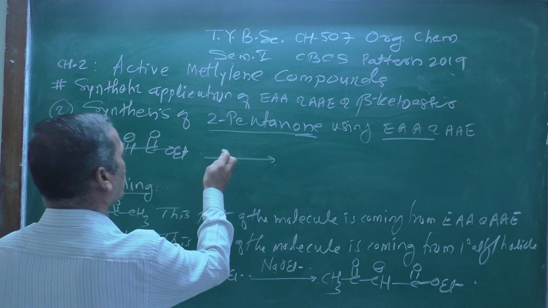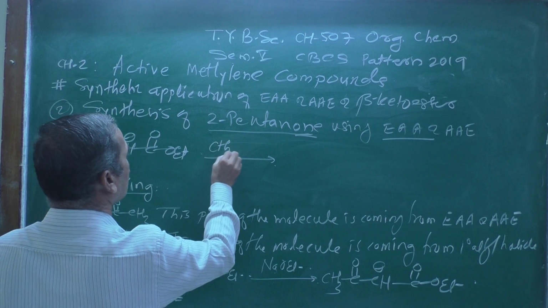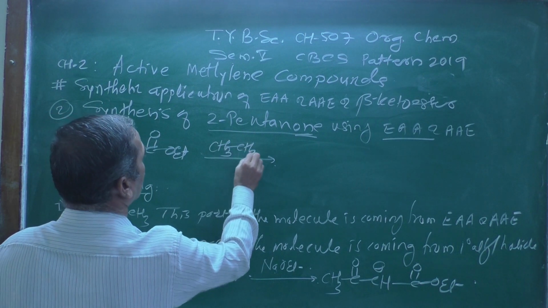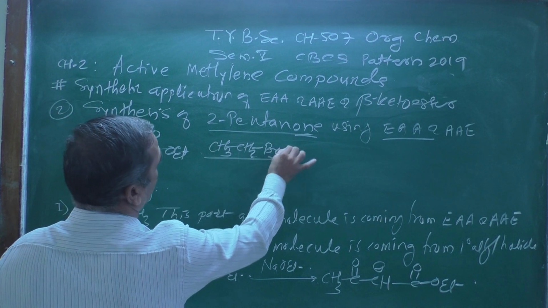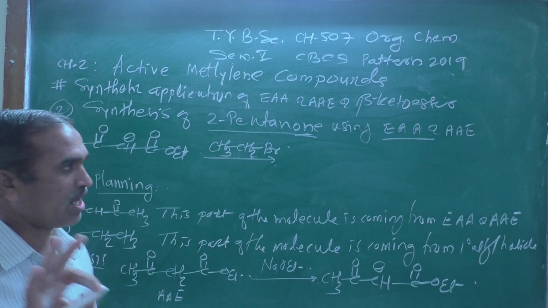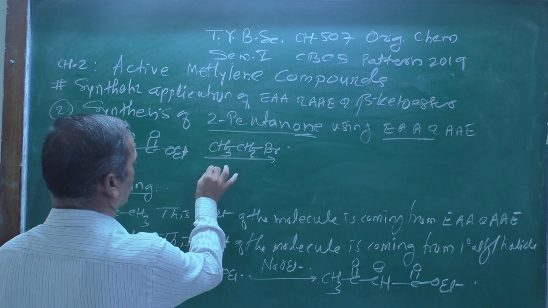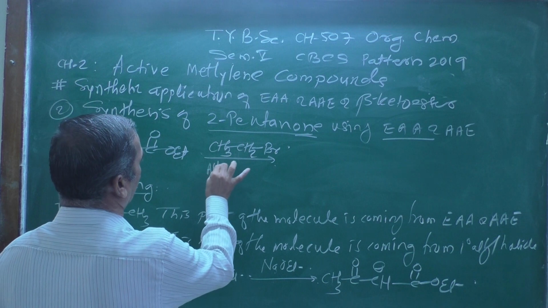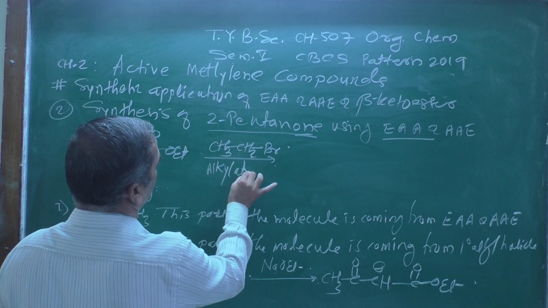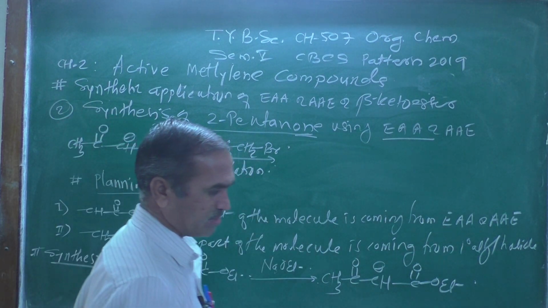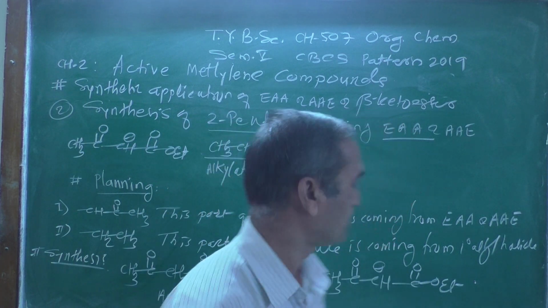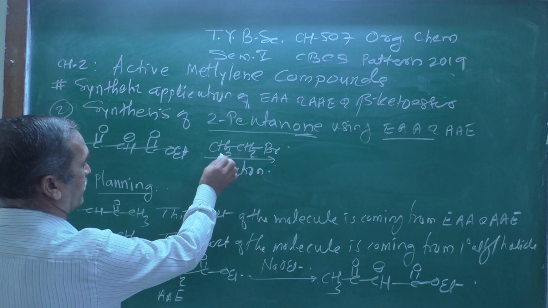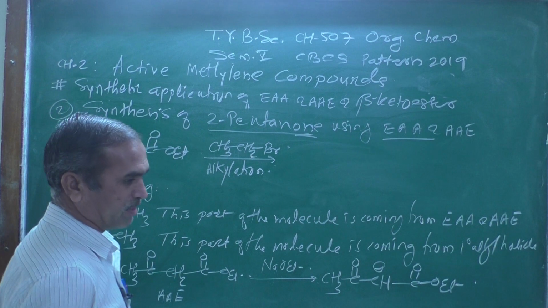Now there we can use CH3, CH2 and Br, which is ethyl bromide, and that process is known as alkylation. This process is termed as monoalkylation. So here there are two carbon atoms.